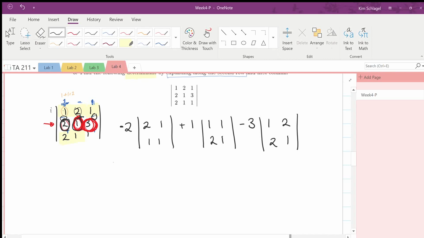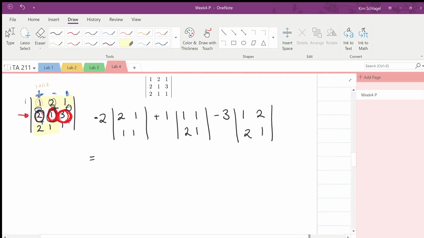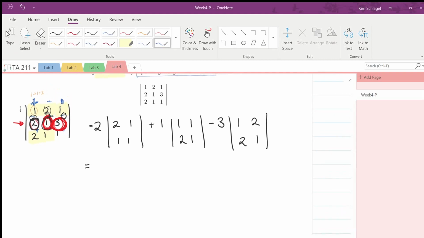Now all we have to do is compute the 2x2 determinants. The formula for a 2x2 determinant is AD minus BC, or minus CB. So this is our A entry here, B, C, D. We have our -2 out here, and that doesn't change.